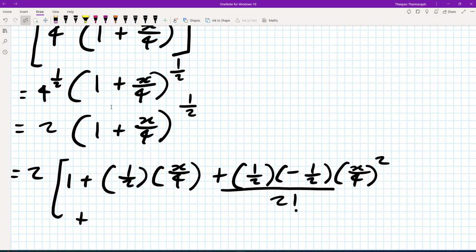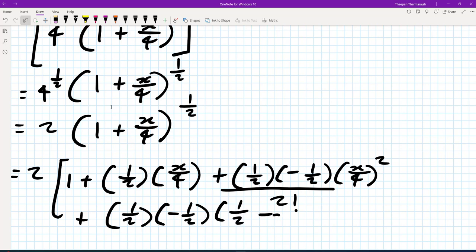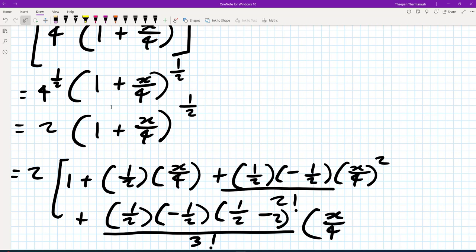Let's do the last term, which is a half times minus a half times a half minus 2 over 3 factorial times x over 4 all cubed plus other terms.